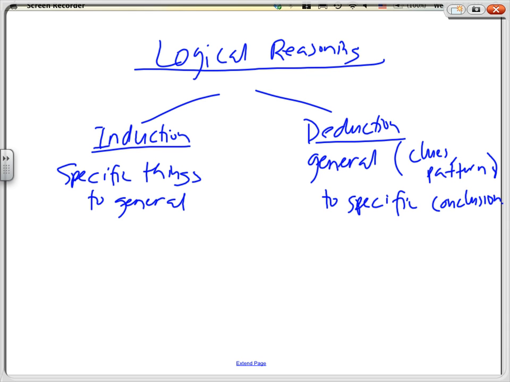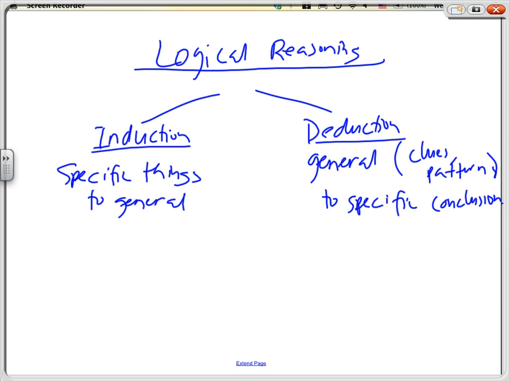So because I've done so many examples, I come up with one final conclusion: if I take two odd numbers together and I add them, my answer will always be even. I just made an induction because I went from very specific examples and arrived at a very general conclusion. Okay? That kind of covers everything. Any two odd numbers added together will give me an even.